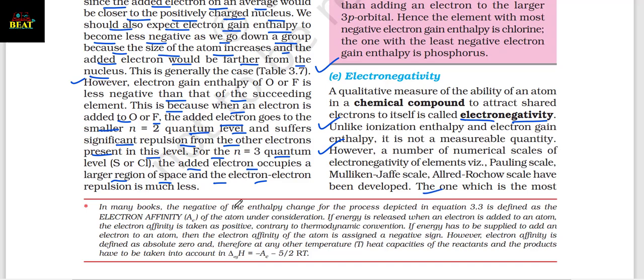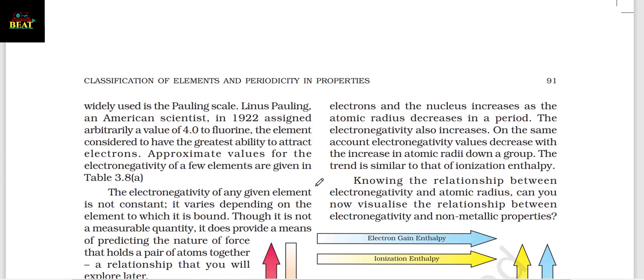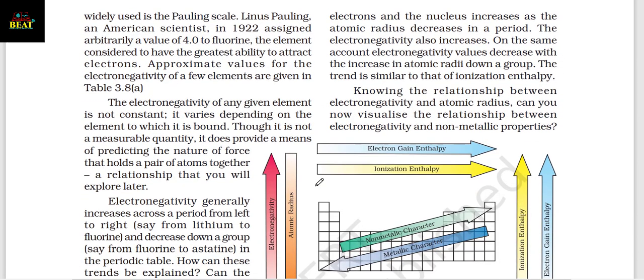The one which is the most widely used is the Pauling scale. Linus Pauling, an American scientist, in 1922 assigned arbitrarily a value of 4 to fluorine, the element considered to have the greatest ability to attract electrons. Approximate values for the electronegativity of a few elements are given in Table 3.8a.